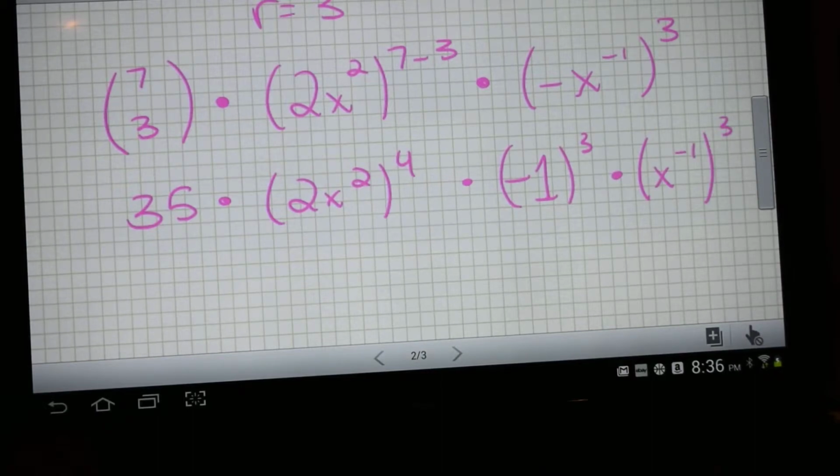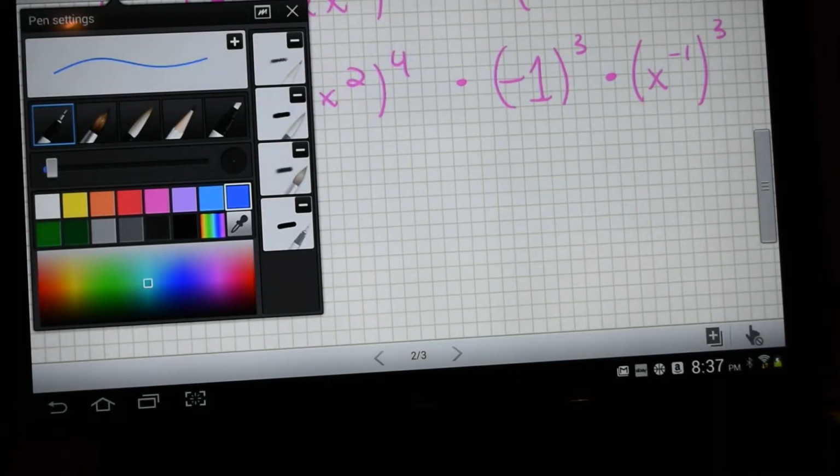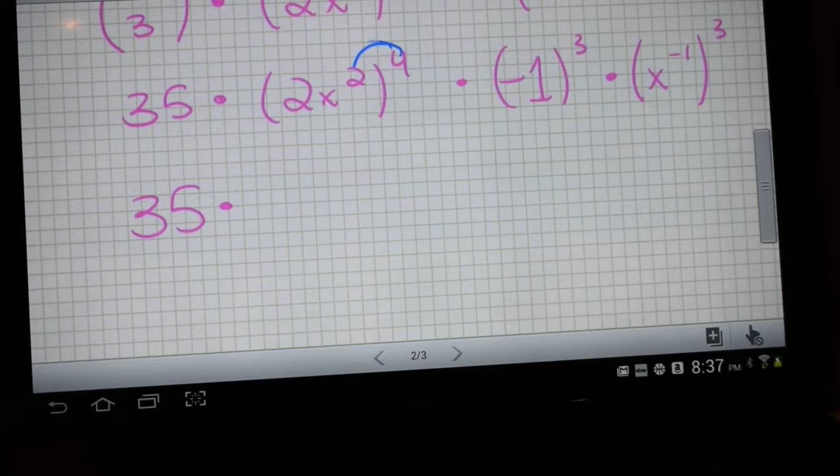That's what this term is right here. Let's see. 35 times. Now be careful, make sure this 4 has to go on both of those.